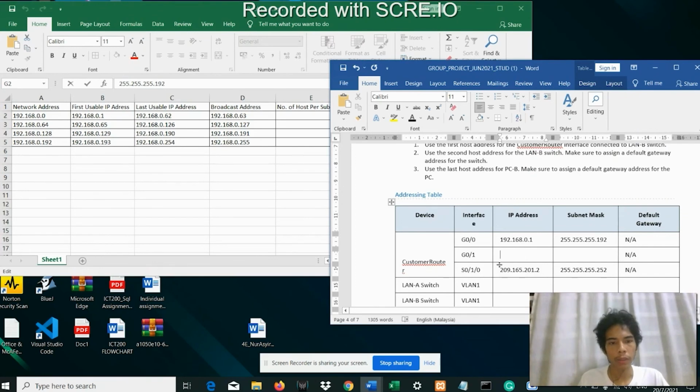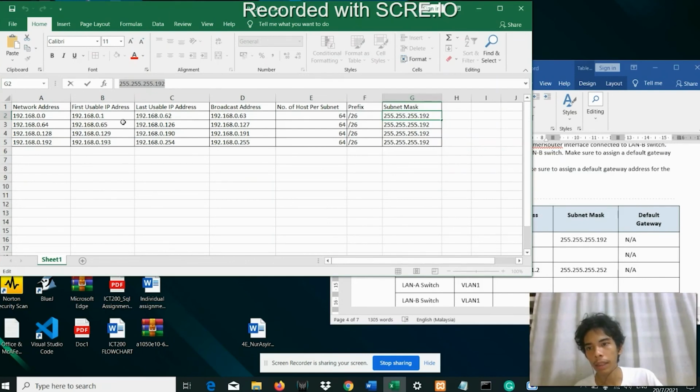After that, we go to the second interface. For the second interface, the IP address, we put according to the second line. Therefore, the second IP will be this: 192.168.0.65.